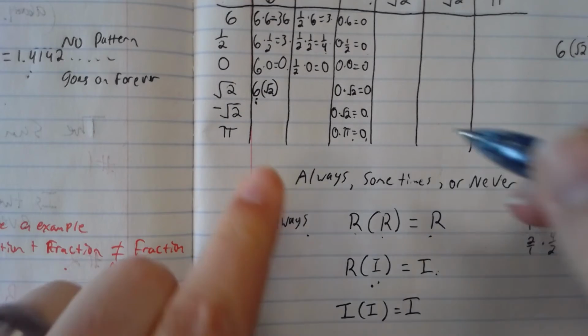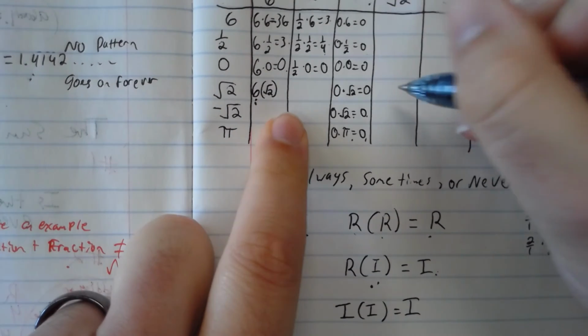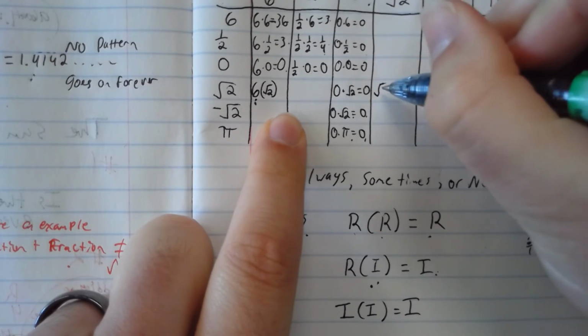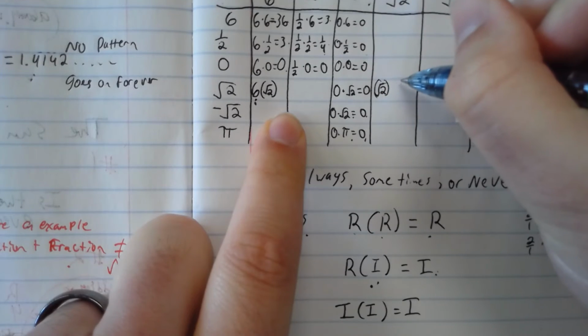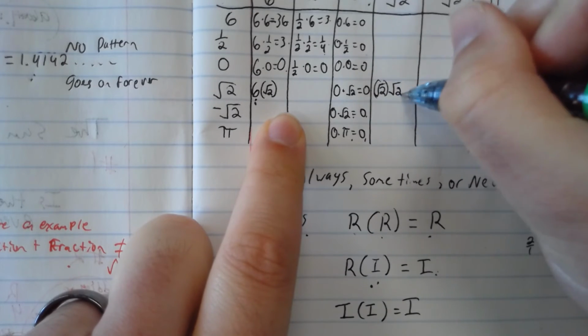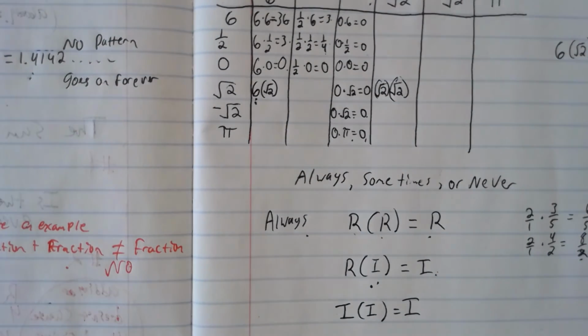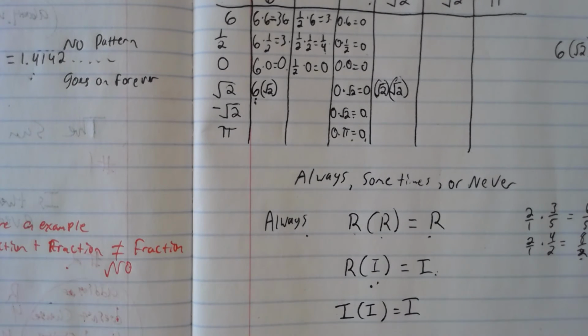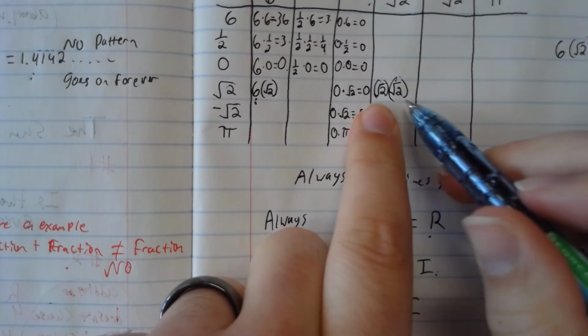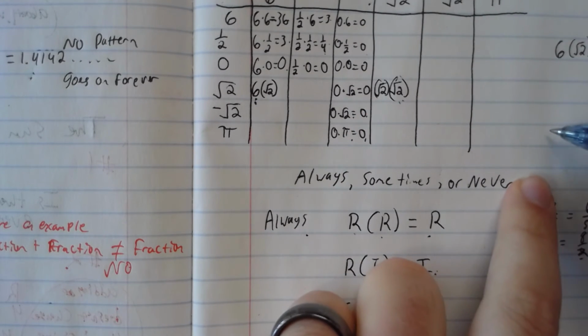But now let's take a look at what happens when we take square root of 2 times itself. Square root of 2 times square root of 2. Now there's a couple ways to think about this problem. We can think about what's happening with the square root, right? The square root is the opposite of squaring something. So another way to write this is the square root of 2 times itself.